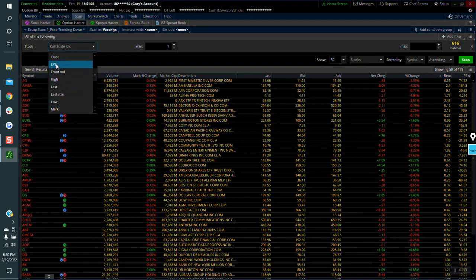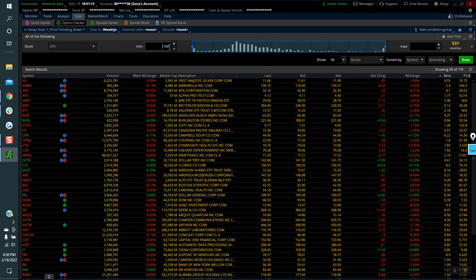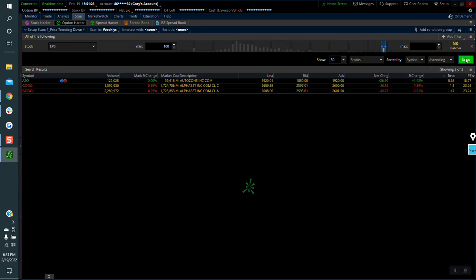Okay, earnings per share, you can look for things with high or low earnings per share. You can be looking at the bottom earnings per share. I don't know, you want earnings per share 500,000 or something, or 5 million or something. I don't know, just poke it in there, see what happens.